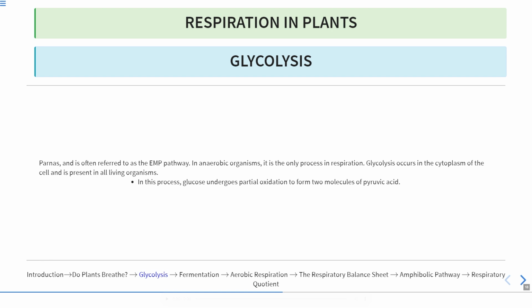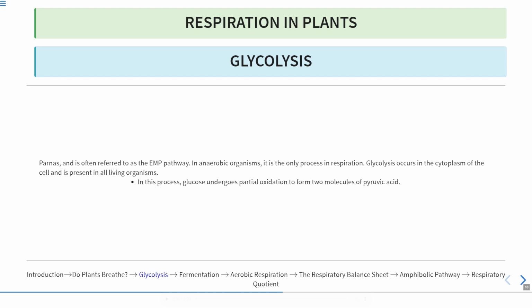Glycolysis occurs in the cytoplasm of the cell, and it is present in all living organisms. So where is this glycolysis process taking place, what is the site? The glycolysis process takes place in the cytoplasm of the cell, and you can find it in all living organisms.